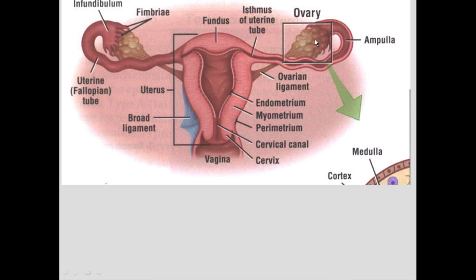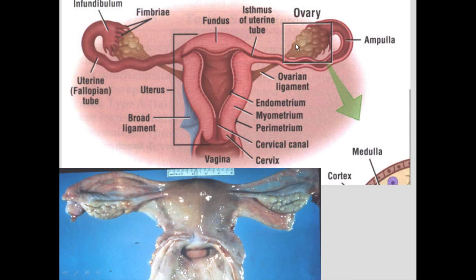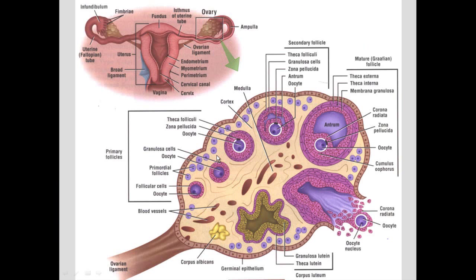So if we look at a little higher mag of the ovaries that we see, here's a real ovary here, fallopian tube in through here, and at the very end we have little fimbria, which surround little finger-like projections that collect the egg and bring it into the infundibulum and into the uterine tube, which is really the fallopian tube, and then finally goes into the uterus. You got the myometrium, endometrium, cervix, and the vagina is what we'll be seeing.